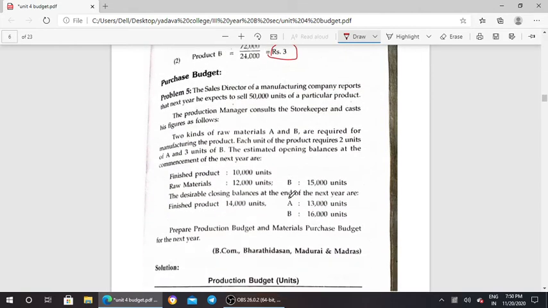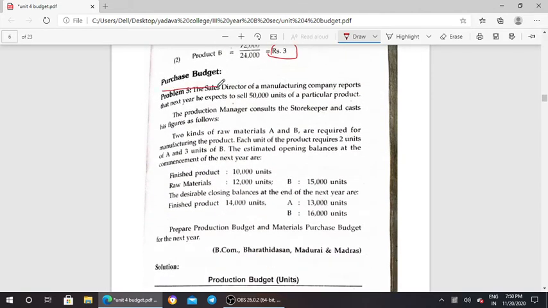Next, we are going to talk about the purchase budget. In this purchase budget, the sales director of the manufacturing company reports that next year he expects to sell 50,000 units of a particular product. The production manager consults the stockkeeper to get his figures as follows. Two kinds of raw materials, A and B, are required for manufacturing the product.